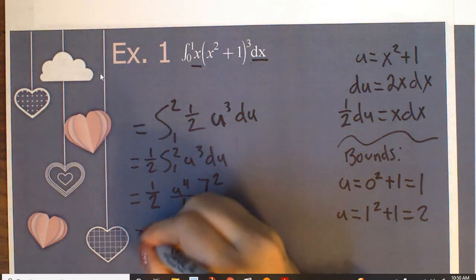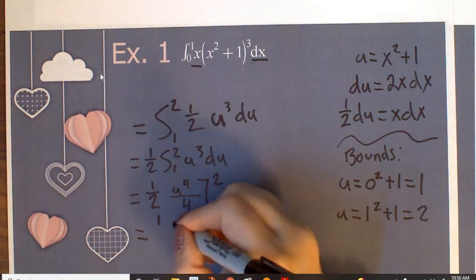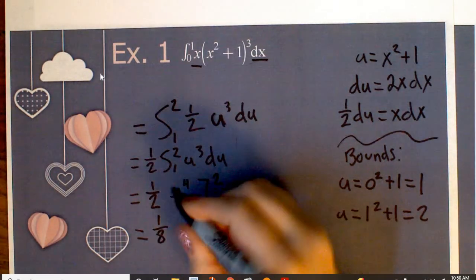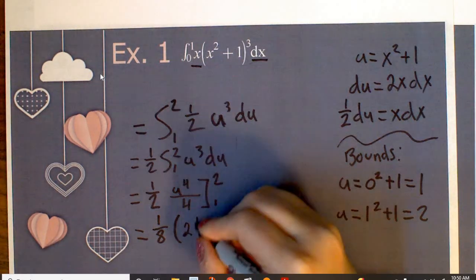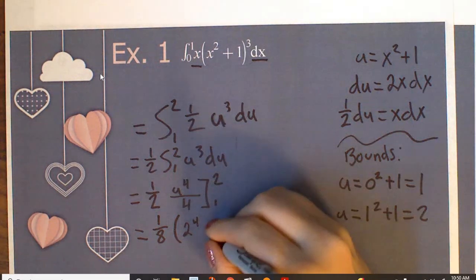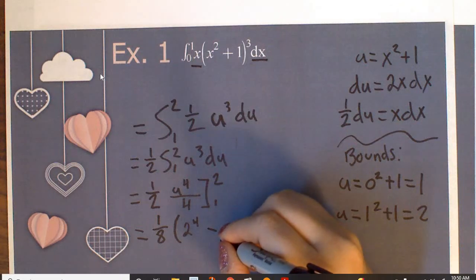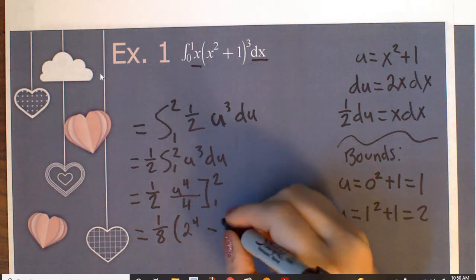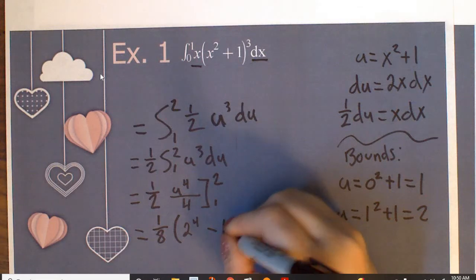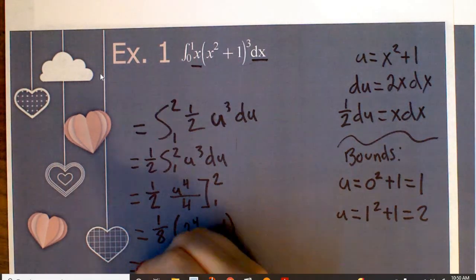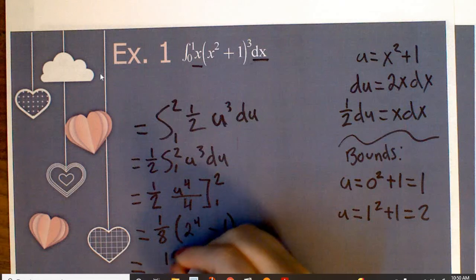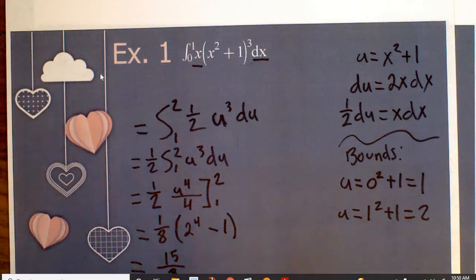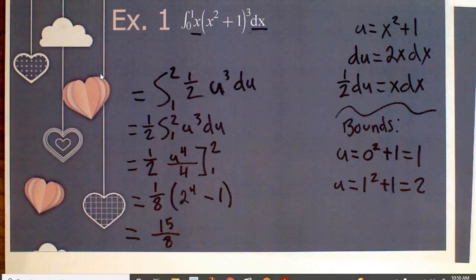So I can bring my 1/4 out, so I would get 1/8, and then we will plug in 2 to the 4th, and I'm going to subtract 1 to the 4th, which is just 1. So 2 to the 4th gives us 16, minus 1 gives us 15, and then times 1/8, we get 15/8.